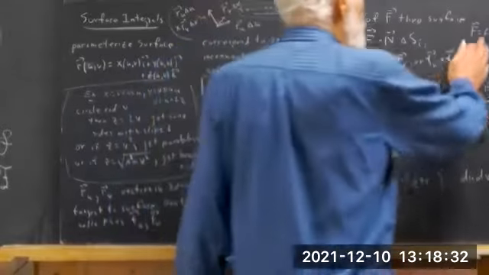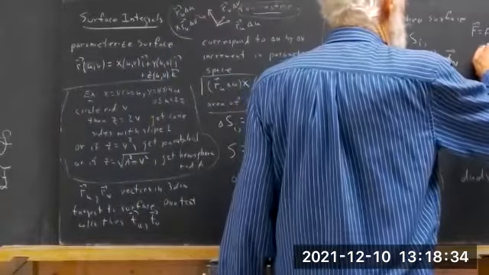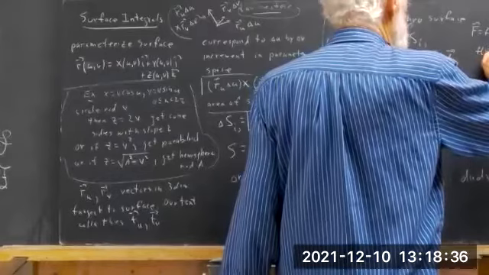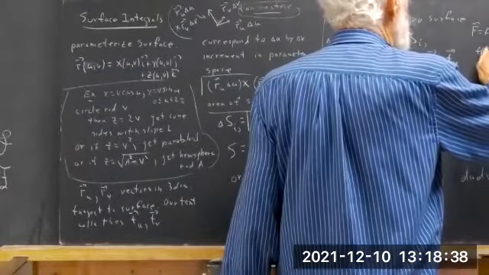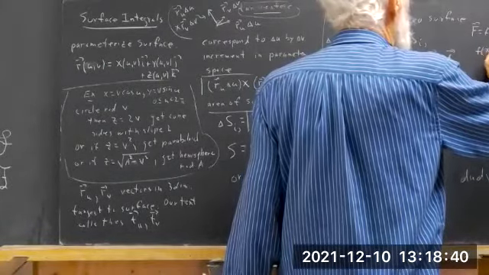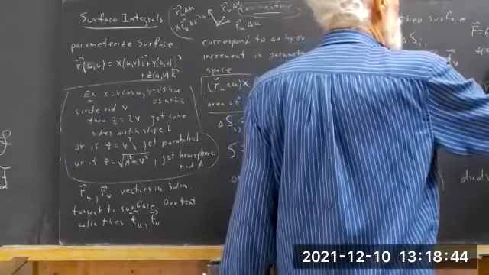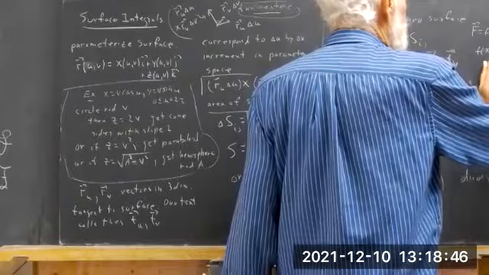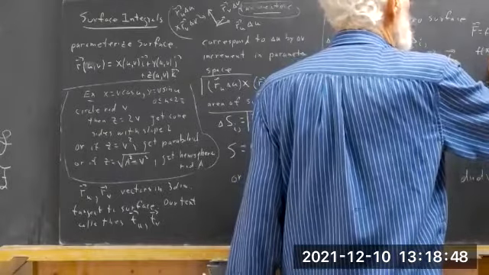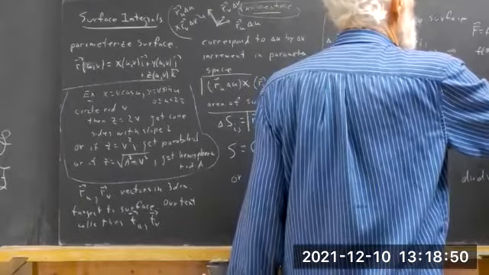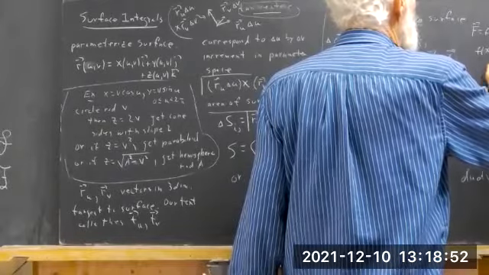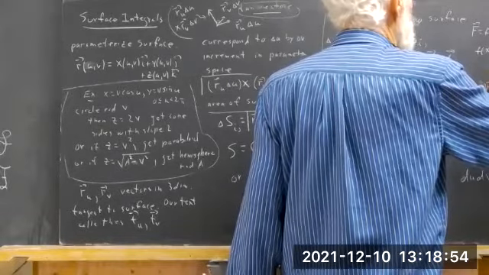Now, instead of just F, it's F of u, v. It's actually like a little f of x of uv, y of uv, z of uv.